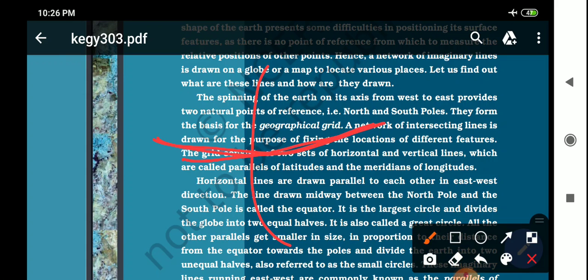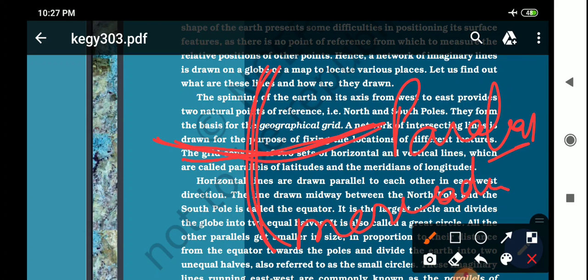Horizontal lines are known as parallels, and vertical lines are known as meridians. So this is latitude and this is longitude, and the latitude lines are called parallels.